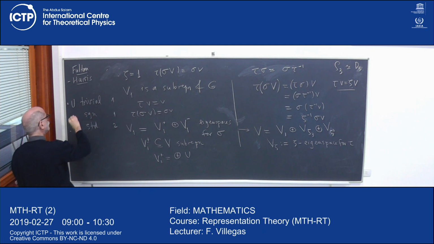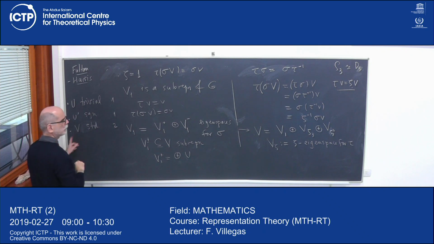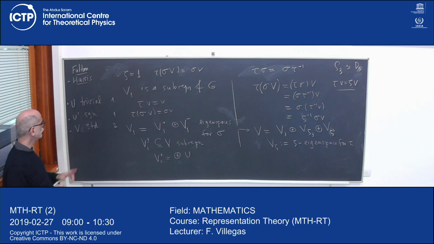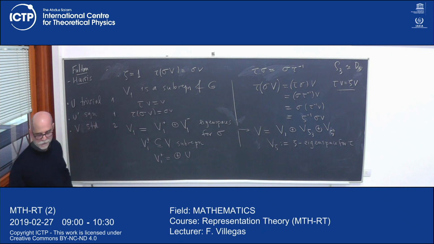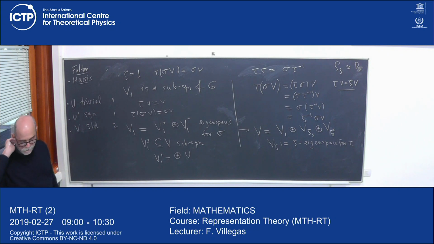So this we'll call U, this we'll call U prime, and this I think we call V, which unfortunately clashes with our choice. So V1 plus is a direct sum of this U representation. U is dimension 1, so you have to take as many as the dimension of V1 plus. Whatever it is, we don't need to know. It depends on the inputs.